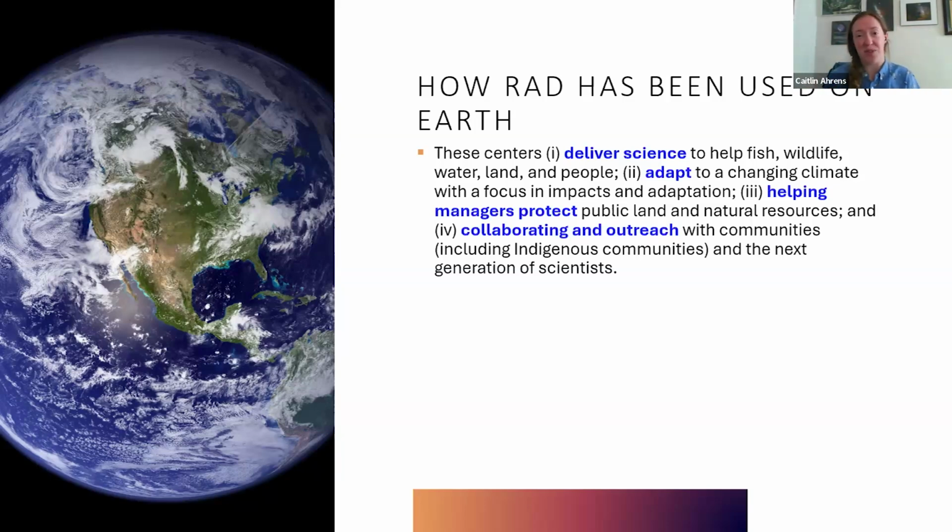Like the lunar surface, a lot of the resources we know about the moon are due to remote sensing observations, but we don't really know at what level a lot of these resources are on the surface. So that goes into helping managers protect these natural resources, and then collaborating and outreach.